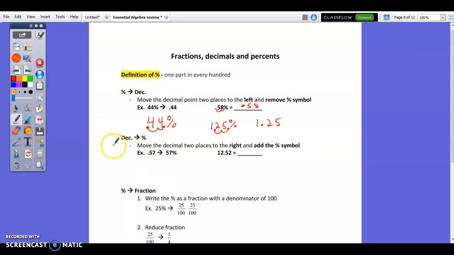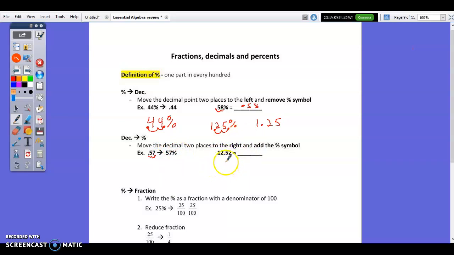All right, conversely, if we go from a decimal to a percent, we move the decimal 2 spaces to the right and then add the percent symbol. So if I have 0.57, I move it over 1, 2, and then it becomes 57, and then add the percent. All right, so again here I have 12.52.